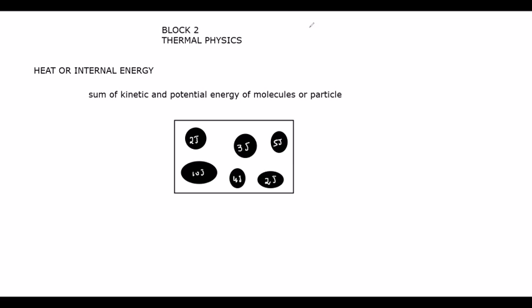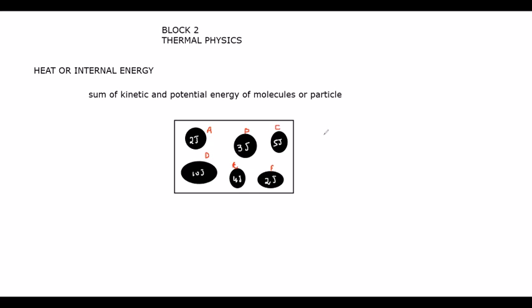So when we add the energy of all the particles, like particle A is having energy of 2 joules, particle B is having energy of 3 joules, particle C having energy of 5 joules, D is having energy of 10, E is having energy of 4, and F is having energy of 2.